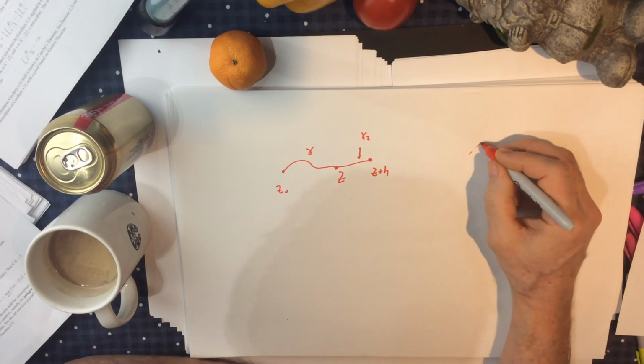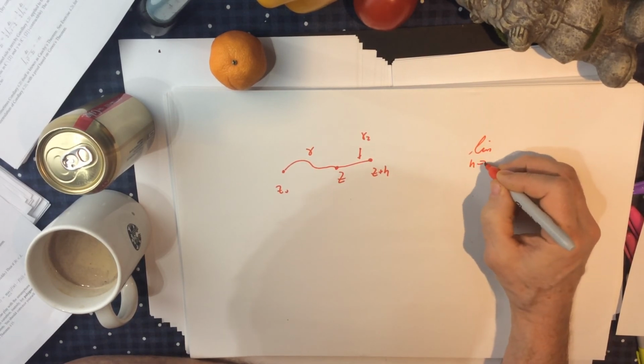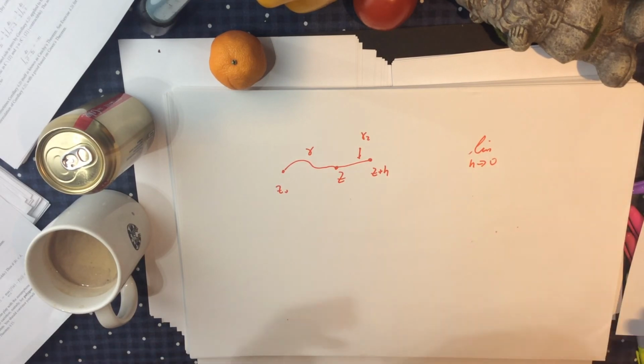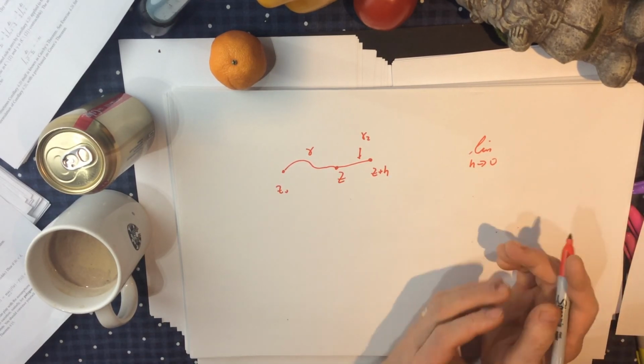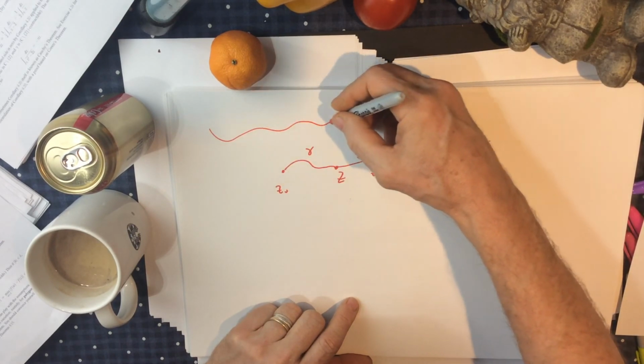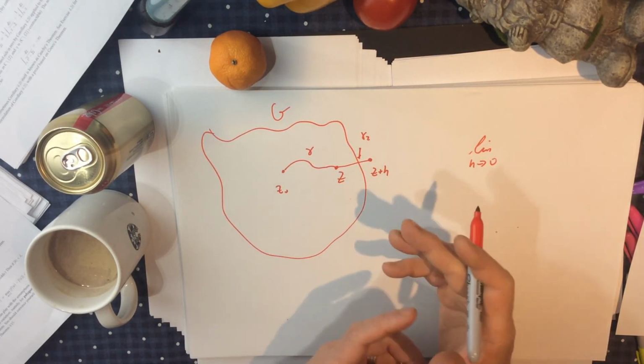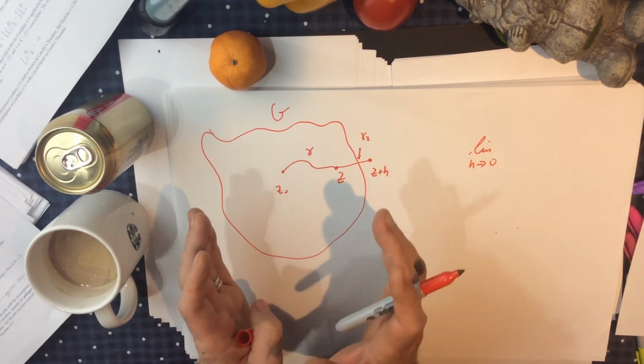Now, we're going to be taking a limit as h goes to 0. And as h is, we don't know how people are taking that limit. So remember, here's our G, which is that topological idea of an open set.